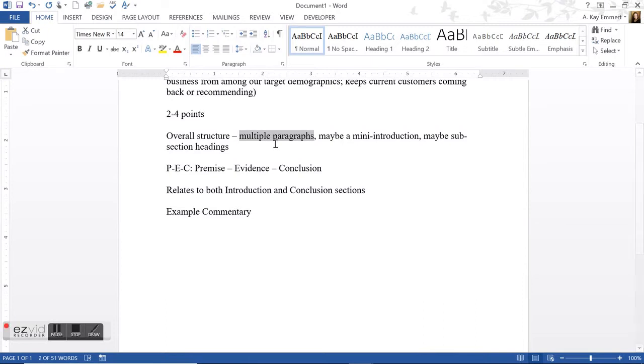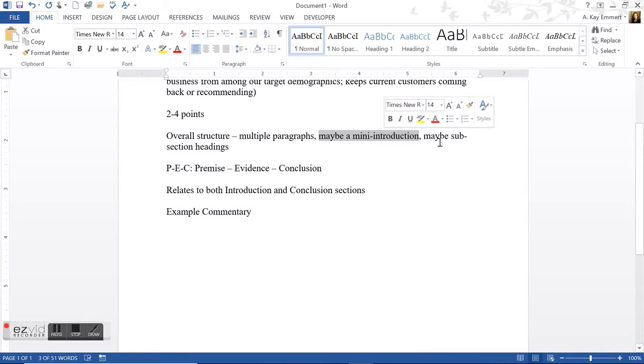You may decide if you want to do a mini introduction to your section. So that would be 1 or 2 sentences at the start of the strengths section that basically introduces your topics. It acts a little bit like a thesis. This is optional, but if you do it in strengths, you have to do it in the weaknesses, opportunities, and threats as well. If you don't do it in strengths, don't do it in the other sections either.